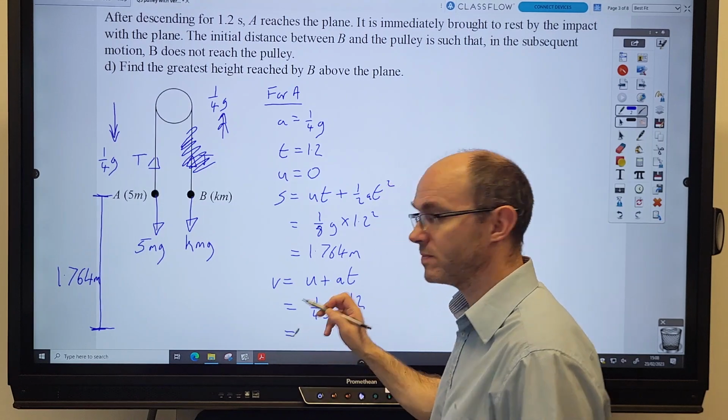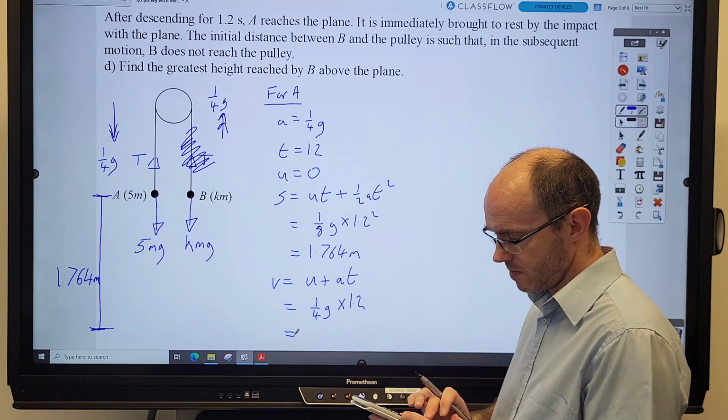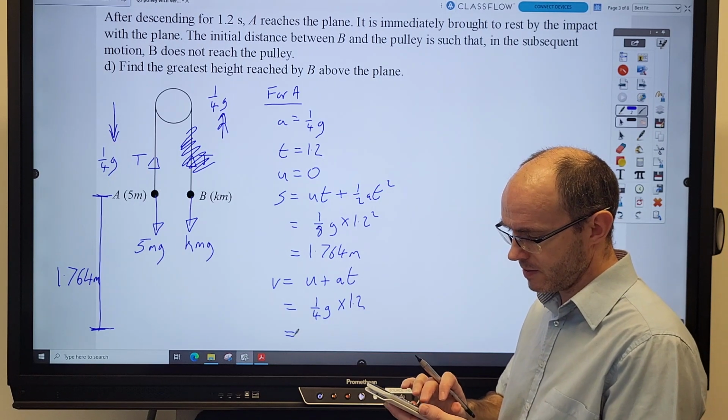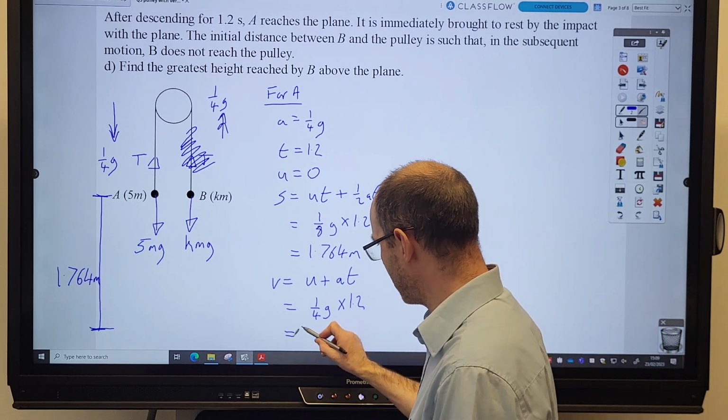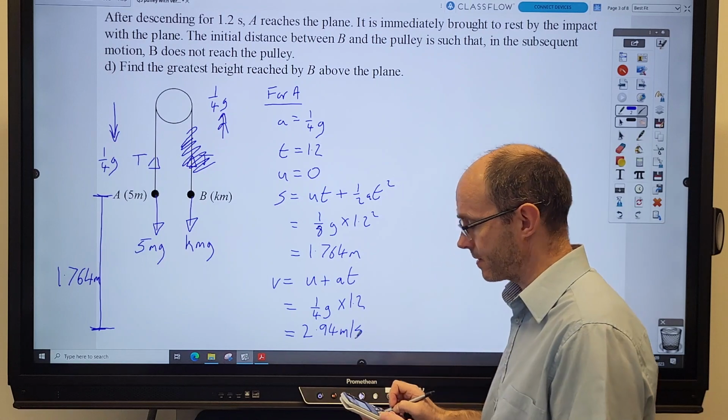I'm going to use my calculator for that. So 1.2 divided by 4, of course, 3/10, times 9.8, and that is 2.94 meters per second.